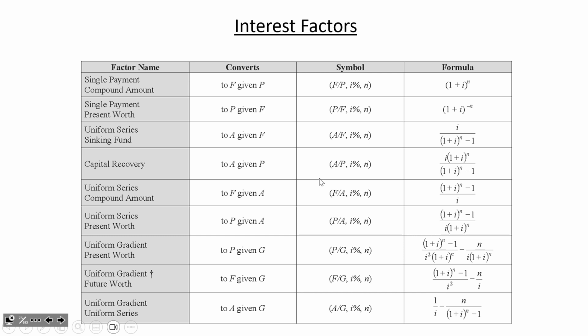So in each case, this first ratio inside of the brackets is equal to the term that's in the formula column. Some of these formulas get pretty complicated if you look at what you've got to do for gradients, but you'll get good at putting these through your calculator.